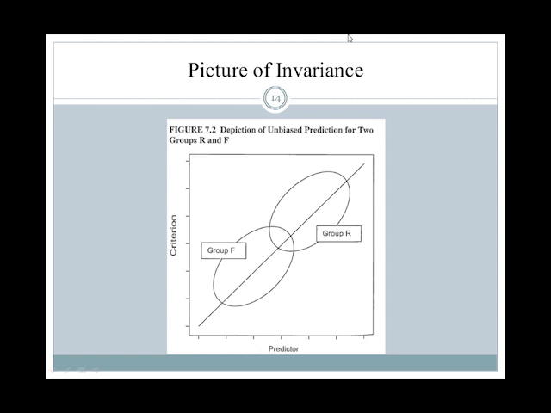But this item is invariant because when we look at a value of 4 on our predictor, for instance, somebody in group F and somebody in group R are expected to get the exact same score. So this item is invariant.